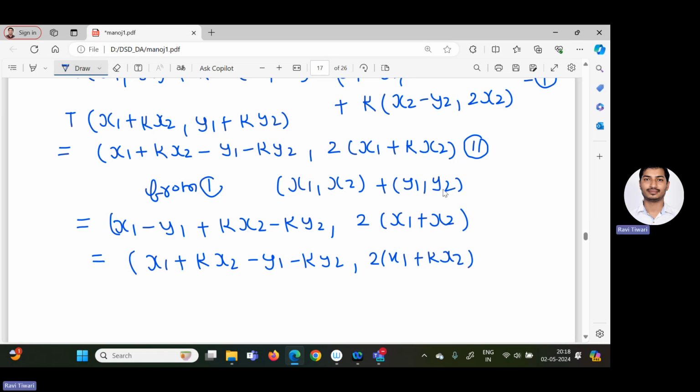So the right hand side of equation 1 and 2 we can make equal. So this will imply T is a linear transformation.